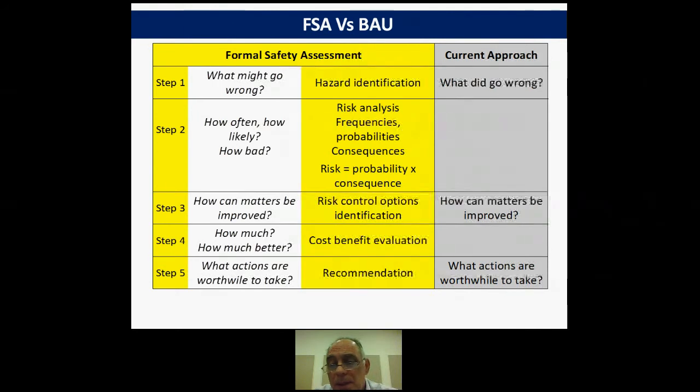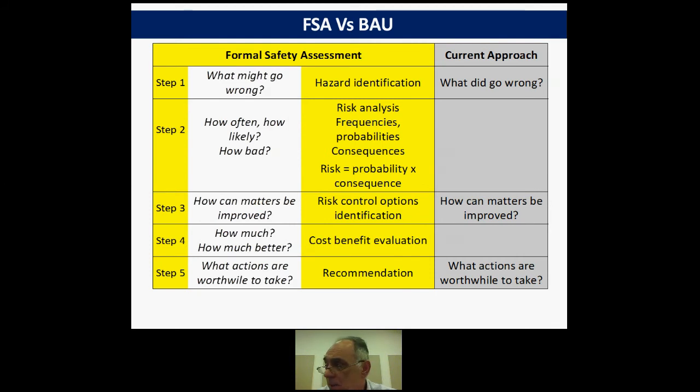So it is much better to apply the so-called formal safety assessment approach because we look at risk in terms of the potential of something to happen. What might go wrong is a very interesting question which has to be answered, and this relates to hazard identification. How often, how likely, and how bad, this is all part of the risk analysis, which we just mentioned in terms of the frequencies and probabilities of hazards and their consequences.